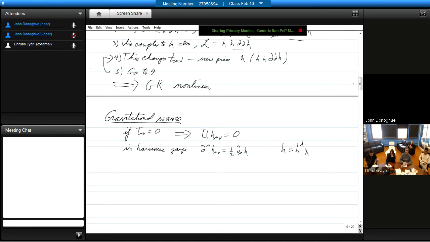Now, normally if you have symmetric H mu nu, 4x4 symmetric gives 10 components. Okay, if you take this harmonic gauge, there's 4 separate constraints.